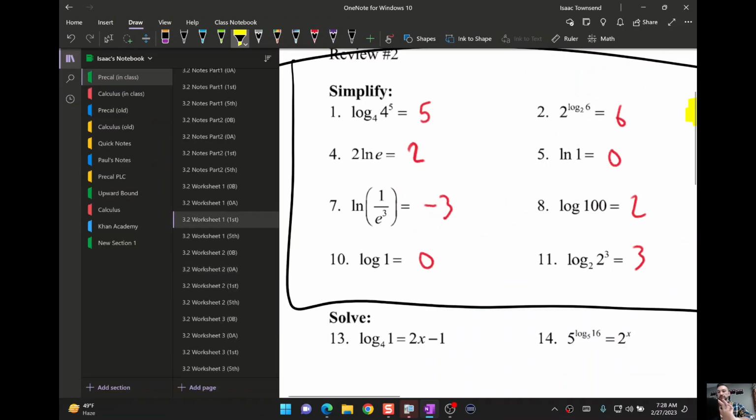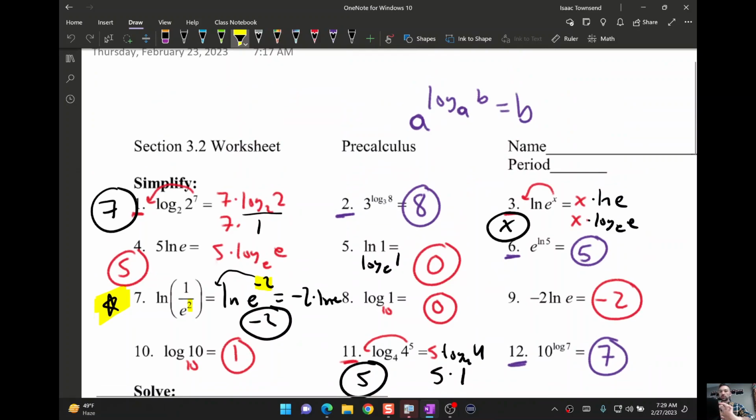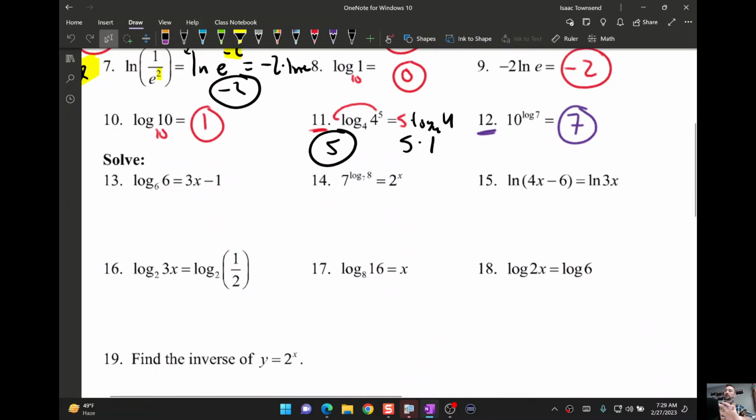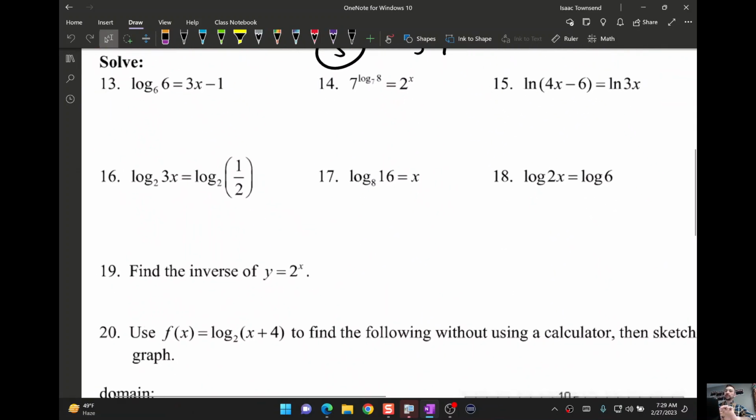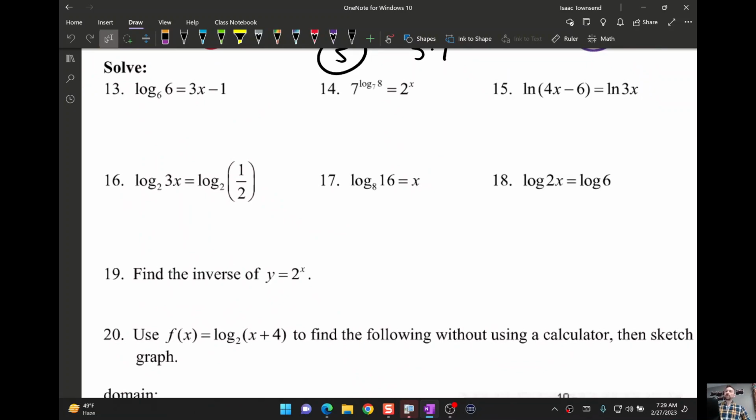Okay, so let's go back to the other side and let's work on the next little section here, and we'll do the same thing. So 13 through 18 are all solving equations, and I think I gave you a heads up that in section 3.4 we only solve equations, so we go much more in depth. But right now there's really only a couple ways you need to be able to solve, or 3 ways. One is using a property that we'll see in question 14.